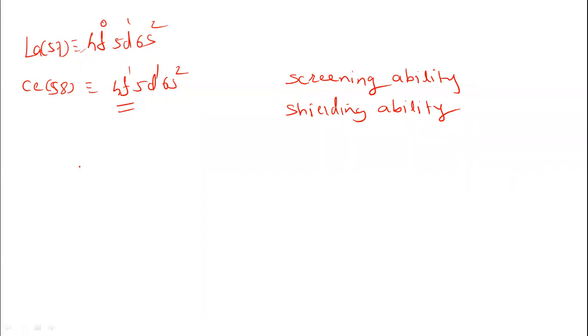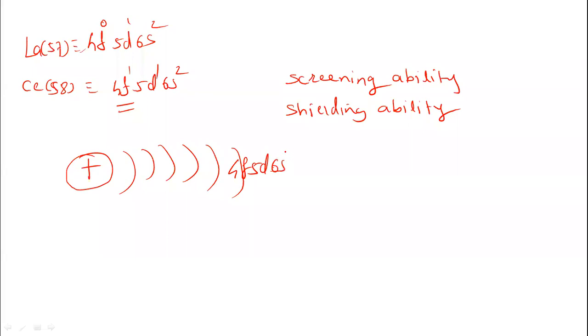Actually, the protons are added into the nucleus when the electrons are added into the energy levels. In the case of the lanthanoid elements, there are 6 energy levels, and the electrons are added in the 5d orbital, meaning in the 6th energy level.